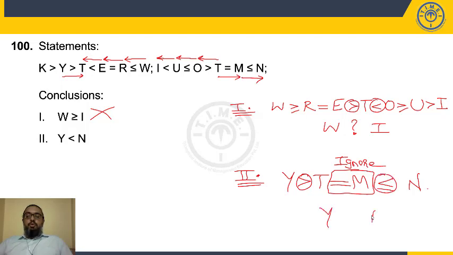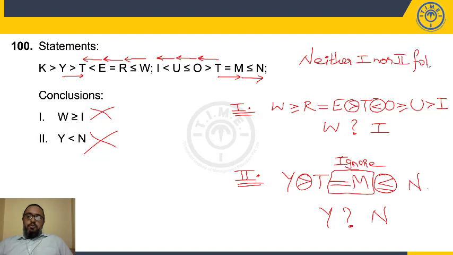So that means you will not have a conclusive inequality between y and n. So again, we will say it does not follow. So my answer to this is neither one nor two follows. Choice 4 is the answer.